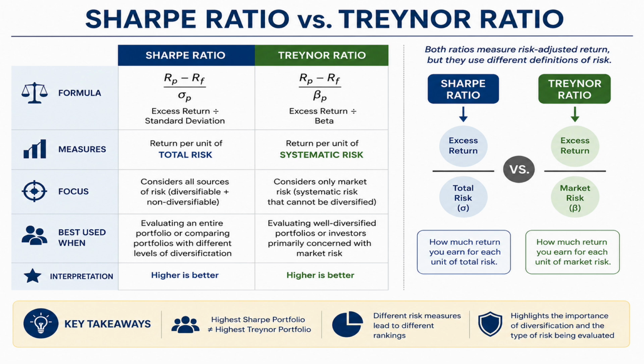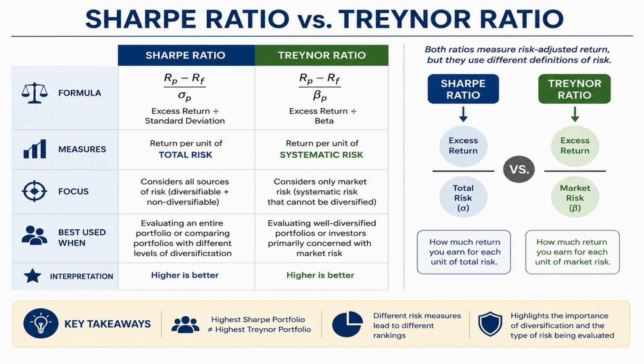Because it considers all sources of risk, the Sharpe ratio is most useful when evaluating an entire portfolio. The Treynor ratio measures excess return relative to systematic risk, which is represented by beta. Rather than looking at total volatility, it focuses on only market risk, or the risk that cannot be diversified away. For that reason, the Treynor ratio is more appropriate for investors who already hold diversified portfolios.